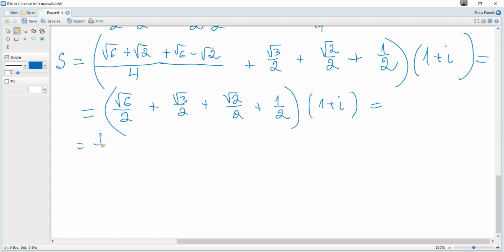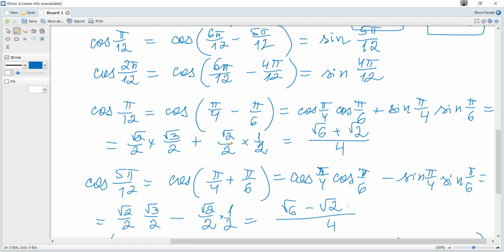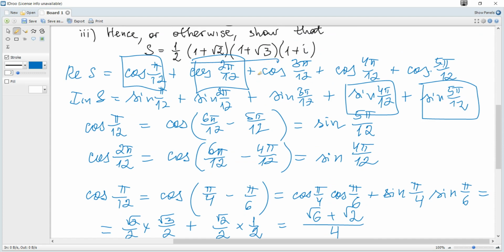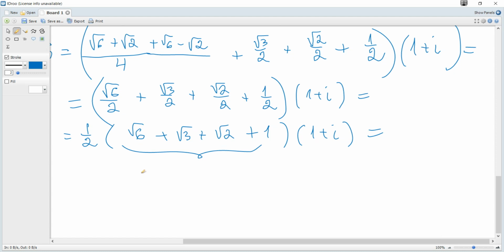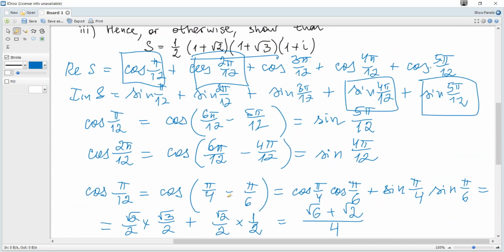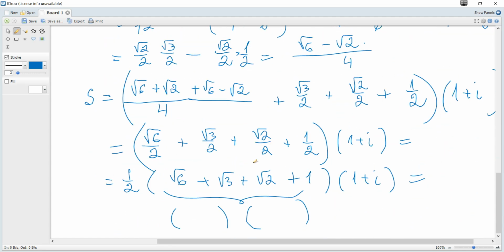It's a half times root 6 plus root 3 plus root 2 plus 1, times 1 plus i. You may just expand the target expression, and if you see that it is equal to this, you may directly write that it is 1 plus root 2 multiplied by 1 plus root 3 as required.